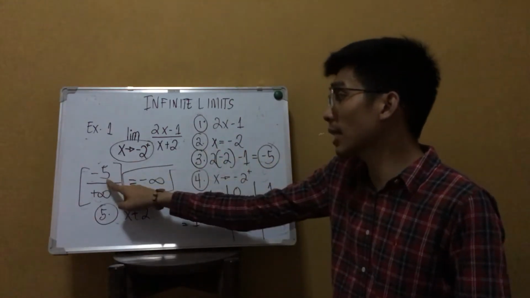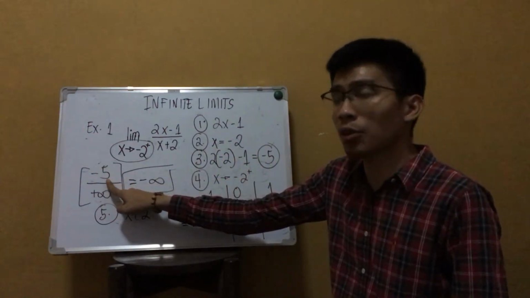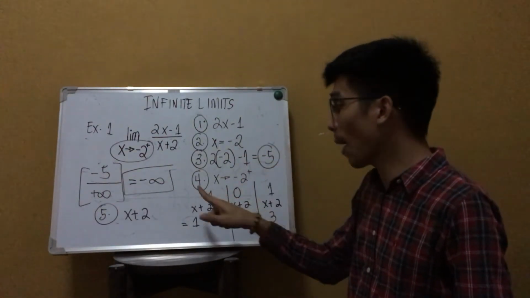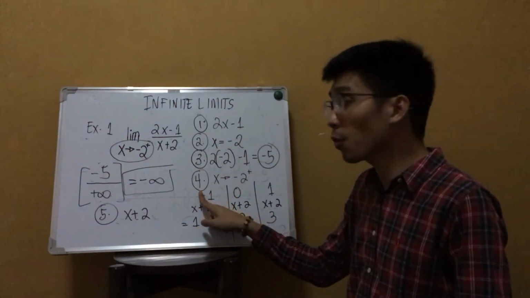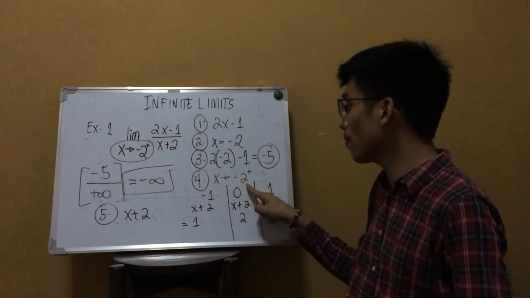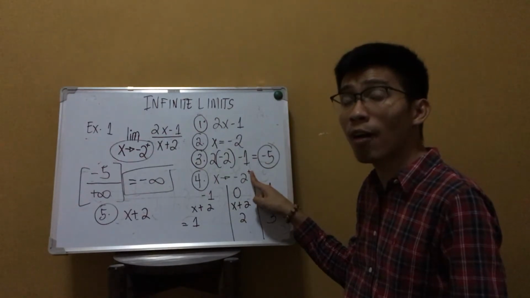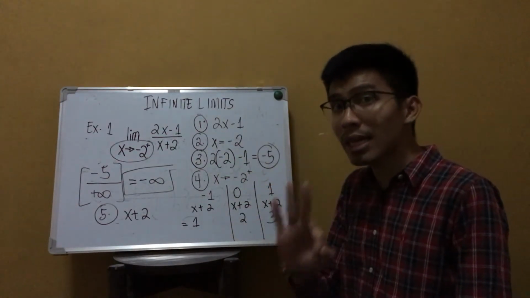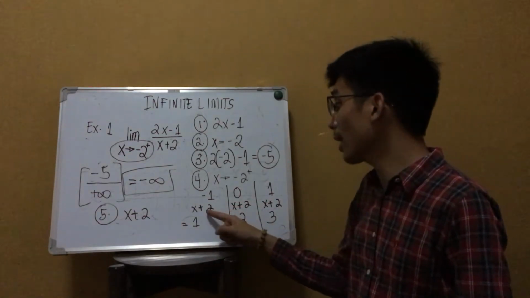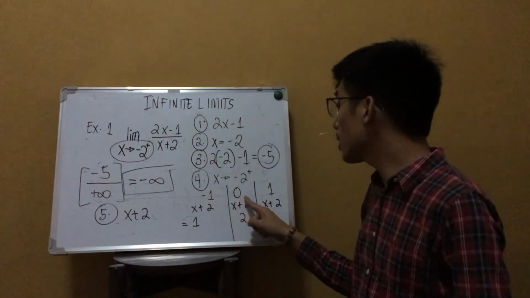And negative 5 is considered to be my numerator this time. So now, let's proceed to step number 4. Step number 4 is you get x approaches negative 2 from the right. So you have to identify at least 3 numbers to the right of negative 2. And based on the number line, that is negative 1, 0, and 1.